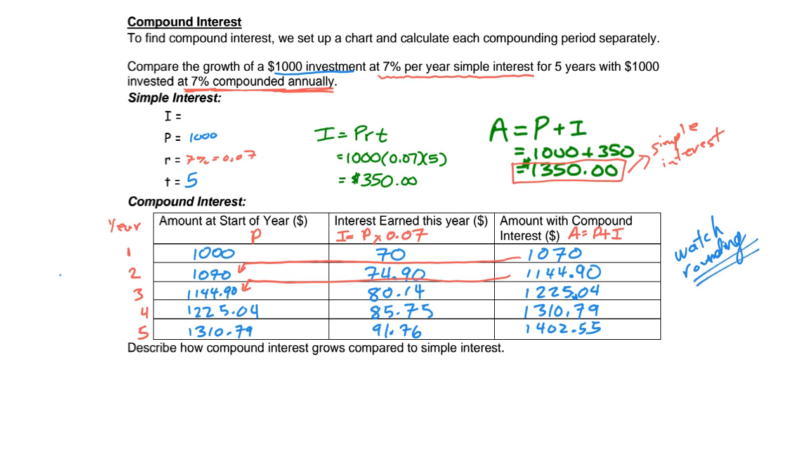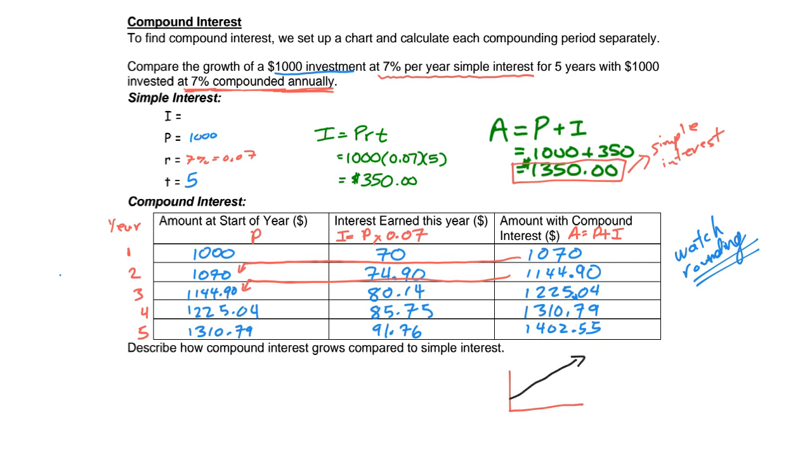Okay? Now, let's take a look at what this graph would look like. I'm just going to let you in on a secret that most people don't know. The concept is this. When you want to describe how interest grows compared to simple interest, one graph is going to look like this, a straight line.